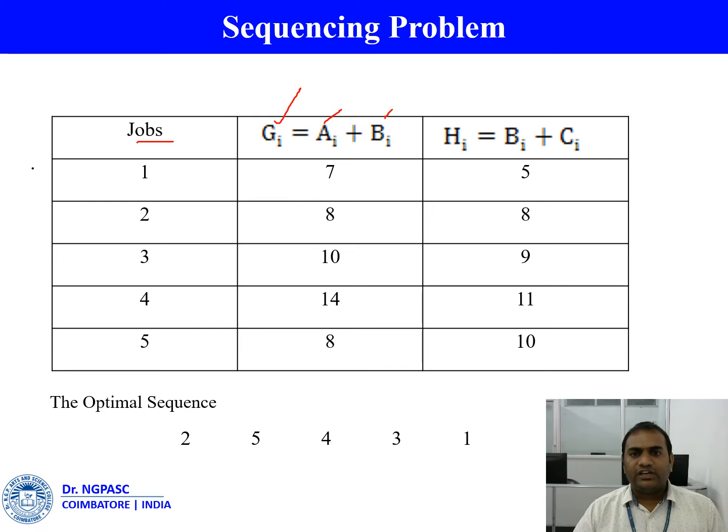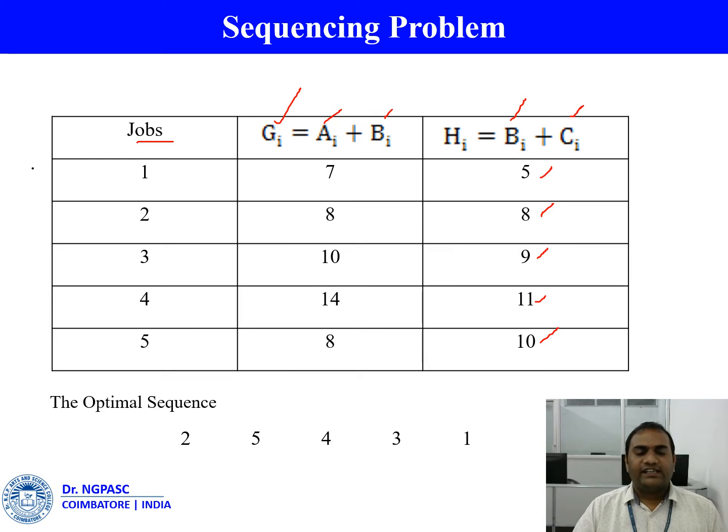Then the second machine H comes from adding machines B and C, with processing times in the order 5, 8, 9, 11, and 10. So here we have converted the three machine problem to a two machine problem, named G and H.